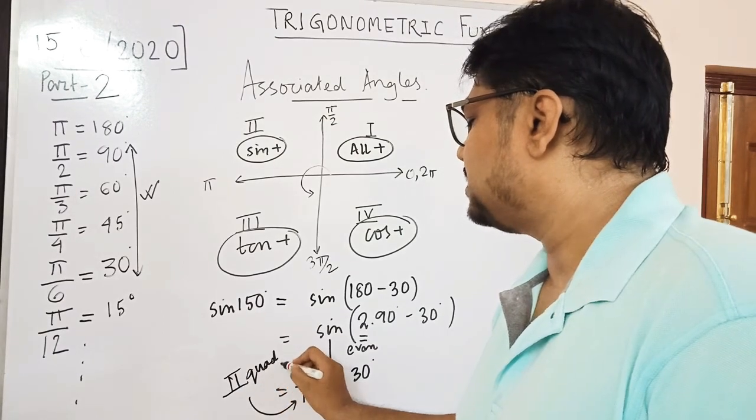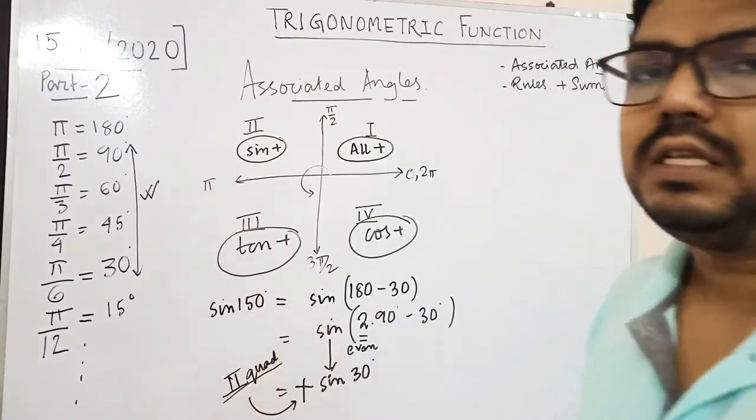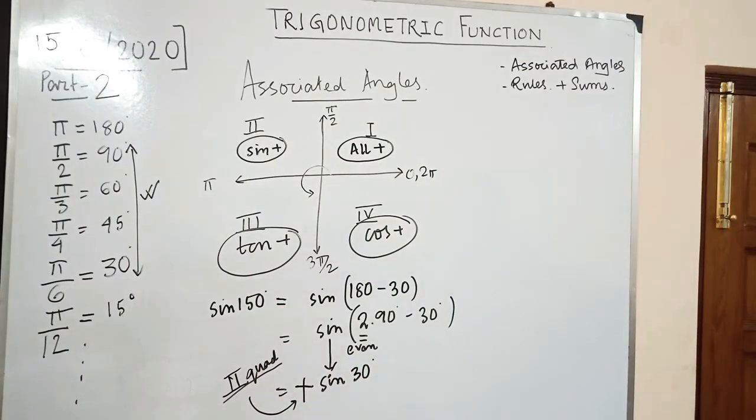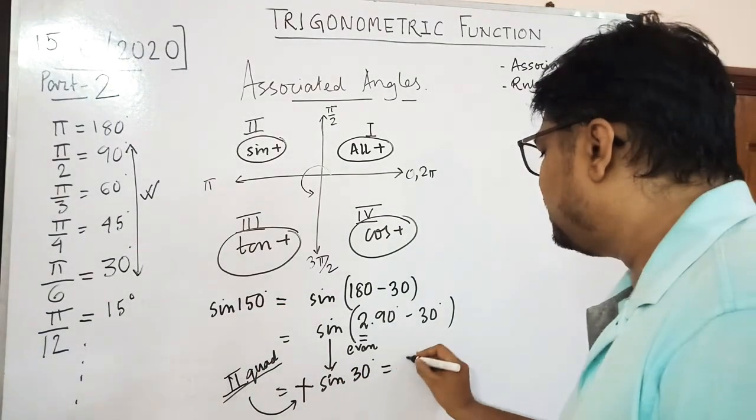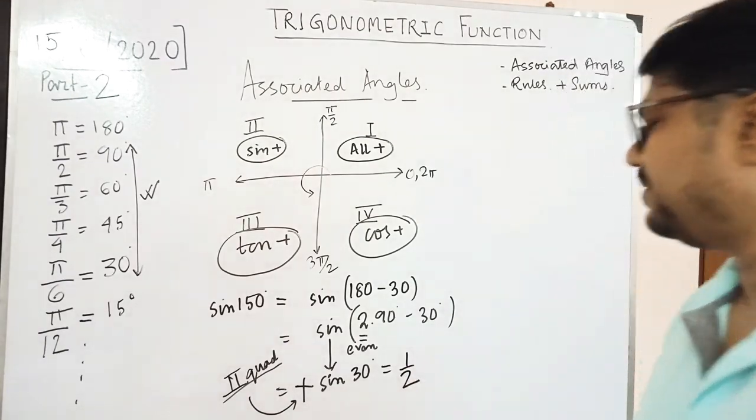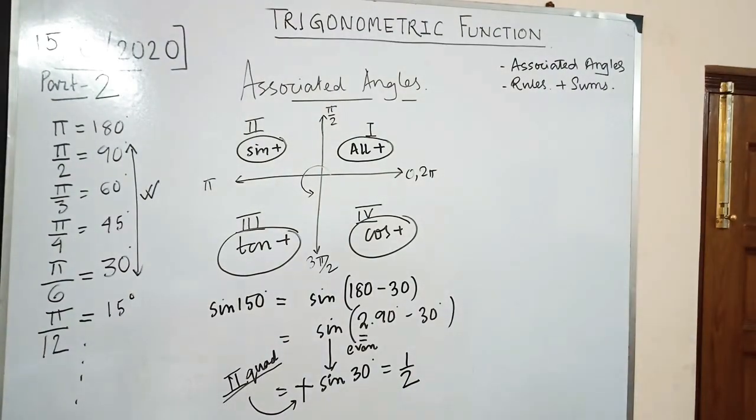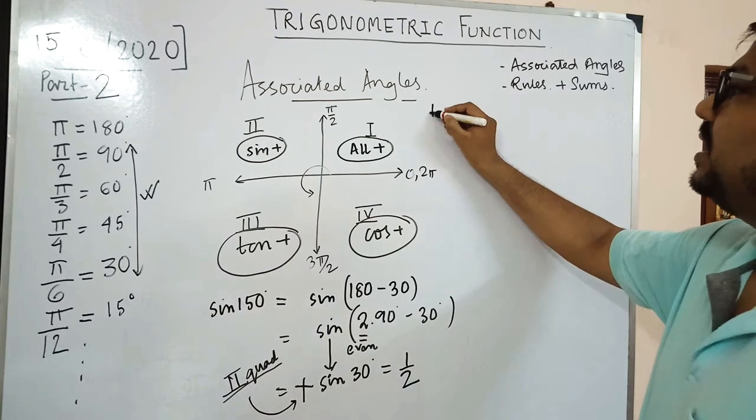Since the original function is positive in the second quadrant, it will have a value of half plus half. So we can write two rules over here.